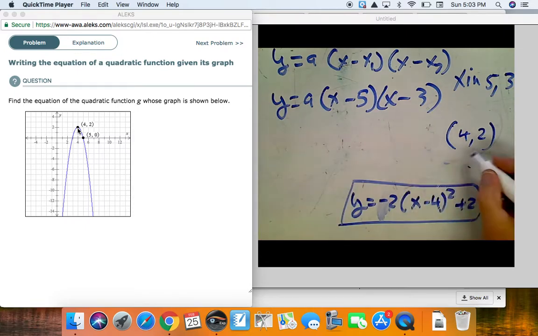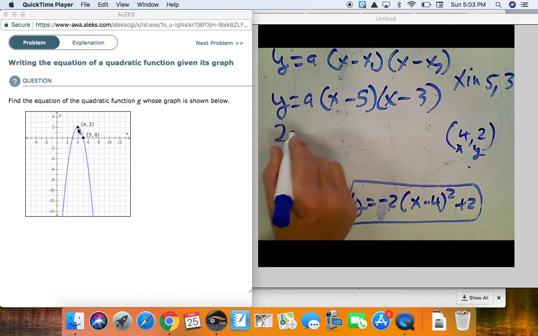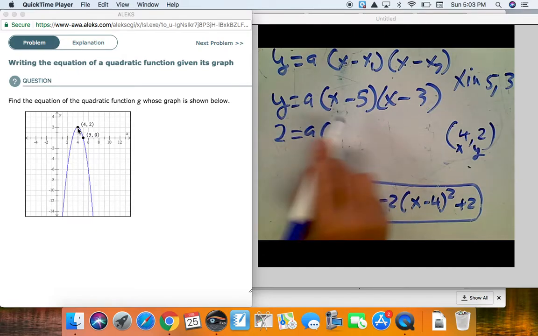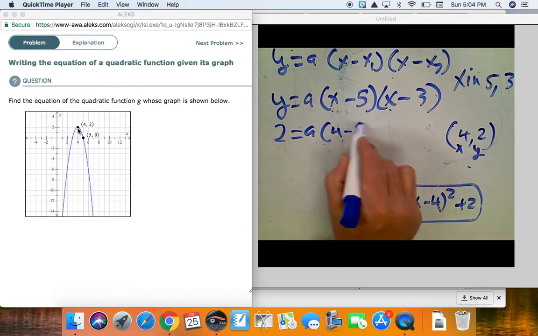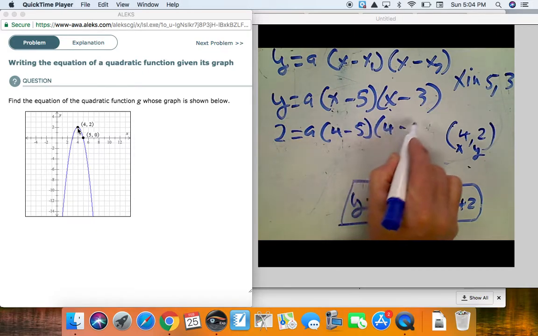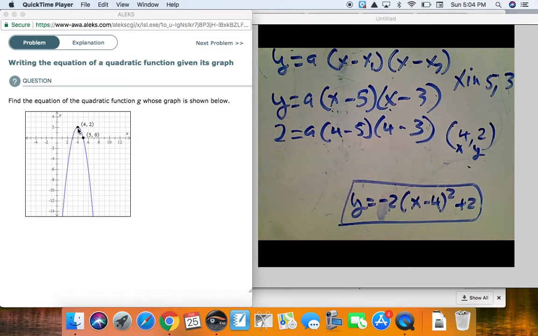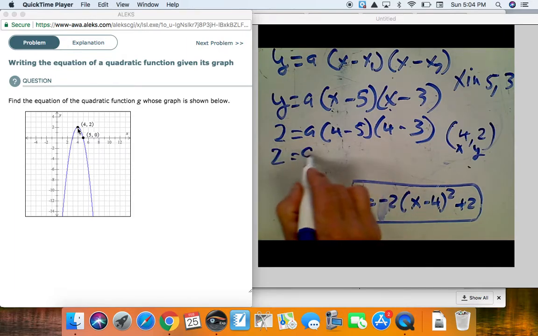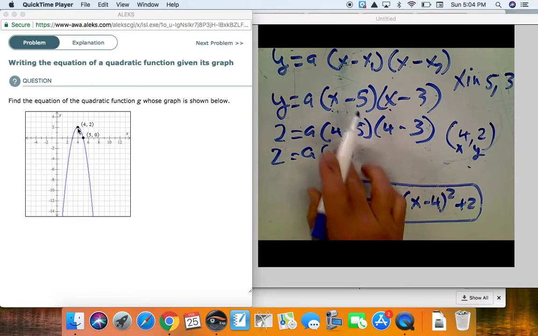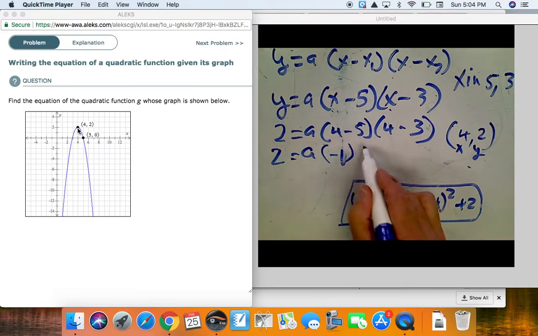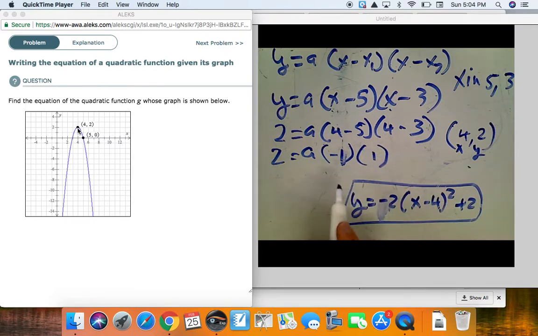Remember this is my x and this is my y, so I can say 2 equals a times, and I'm going to plug in that x everywhere there is an x. When I do that, now I'm going to simplify. 4 minus 5 is negative 1. Not a very nice one. And 4 minus 3 is positive 1.